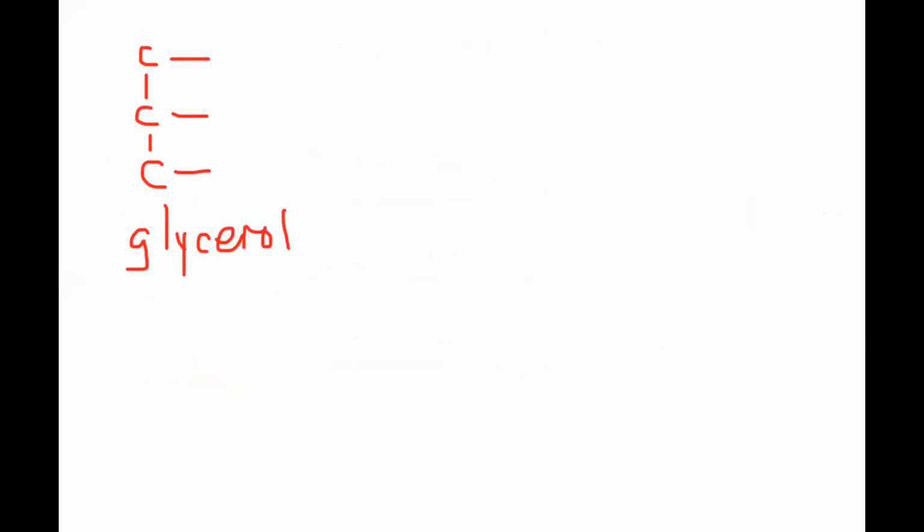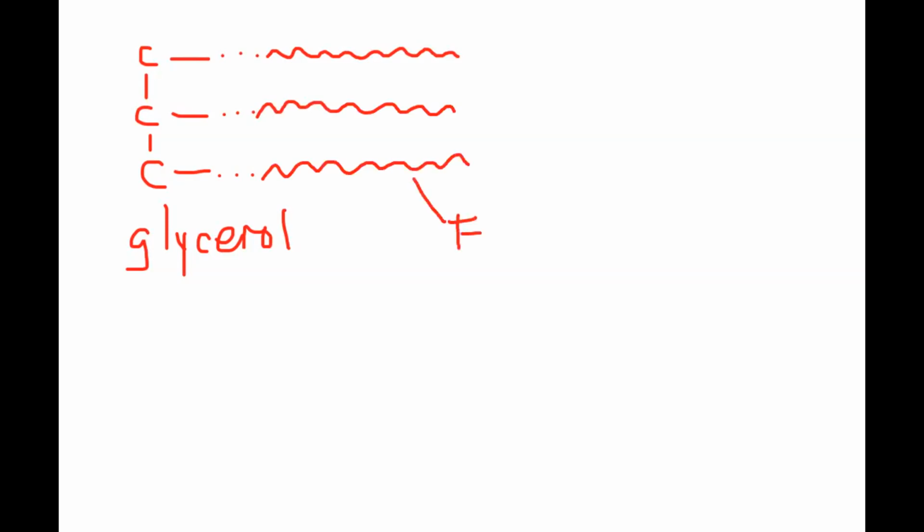It's three carbons linked together, and then linked, you don't need to know the specific structure, but linked with zigzag tails, okay? These tails are called fatty acids. This zigzag kind of thing, at each corner is a carbon.